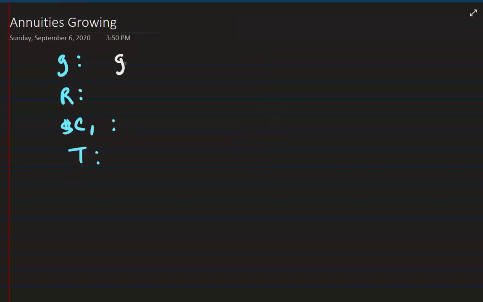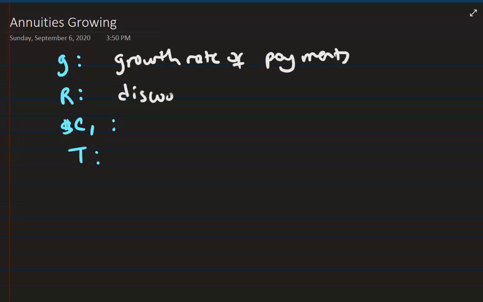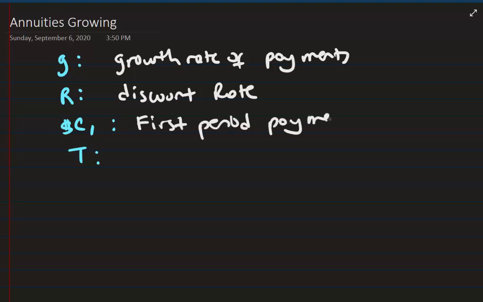G is the growth rate of payments. R is the discount rate. $C1 is the first period payment. And T is the length of the annuity.